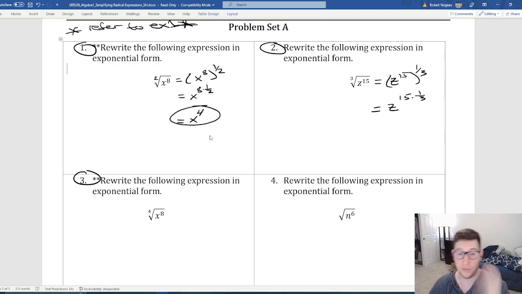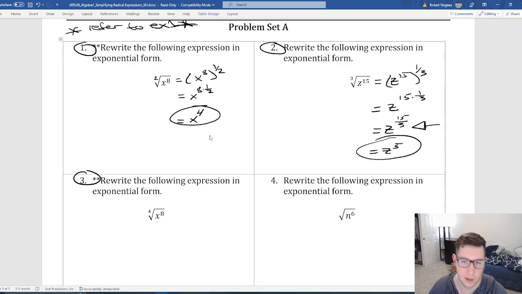Remember that 15 times 1/3 is the same thing as 15 divided by 3. And so we're going to end up with z. I'm going to write in this extra step just so it's really clear. It's the 15/3, z to the 5th. As we go, I am okay with this step starting to disappear as long as we are ending up with this correct end value.